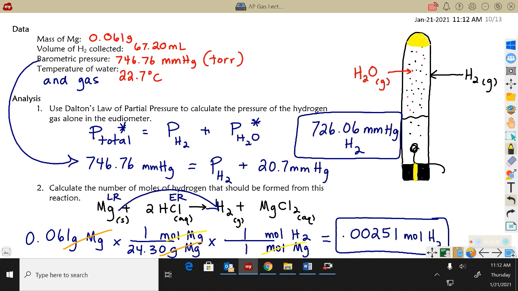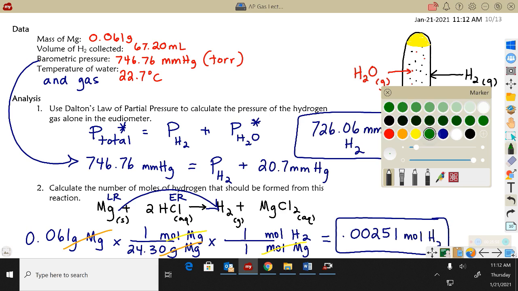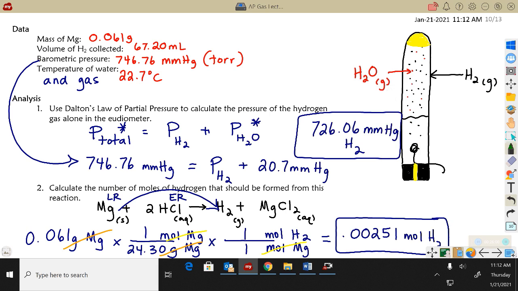And so I thought that I had collected about 67 milliliters of gas. I thought it was all hydrogen, maybe just a teeny tiny little bit was water vapor. But do you see the error then? I thought that was all 67 milliliters of hydrogen, but what if this up here was a little air pocket, I don't know, 3 milliliters? This is air.